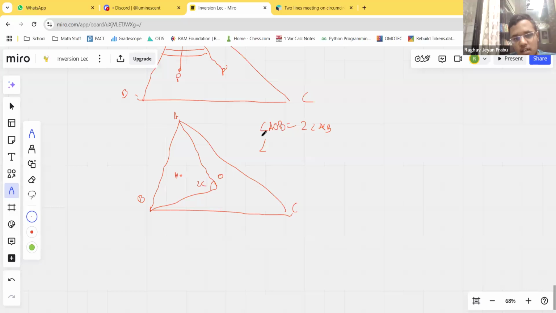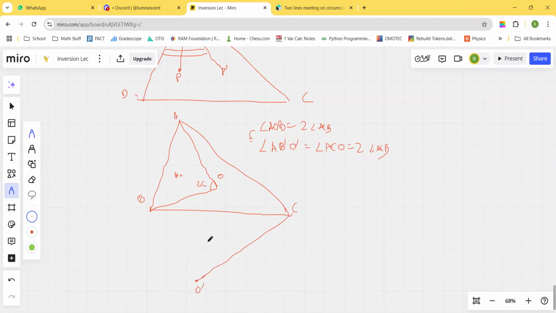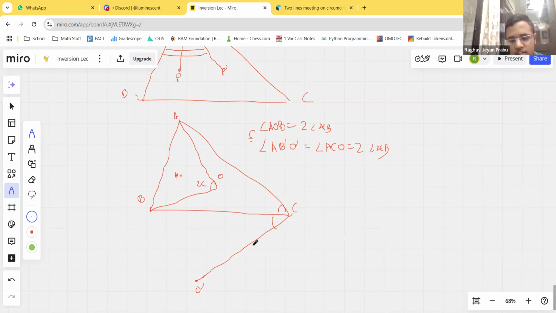So then that means angle AOB would be equal to angle AB dash O dash. But B dash is just C, right? As you saw before. So you get that angle ACO dash is equal to twice angle ACB. So essentially, this is going to be something like this. O dash. AC, right? ACO dash is twice angle C, which is angle ACB.